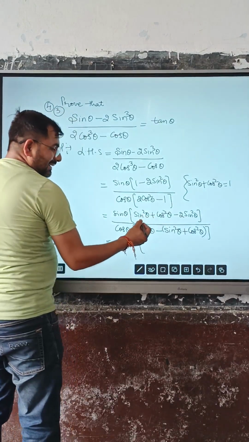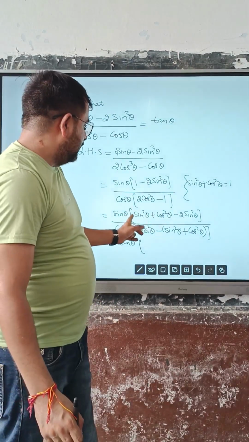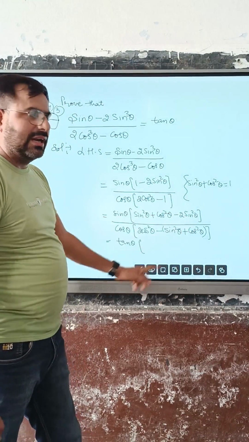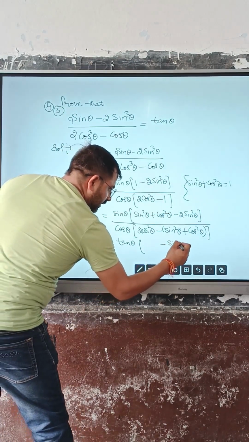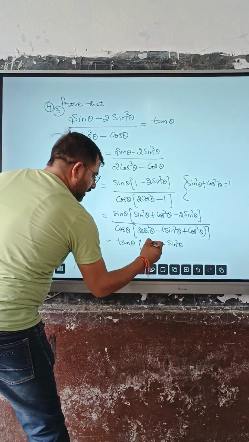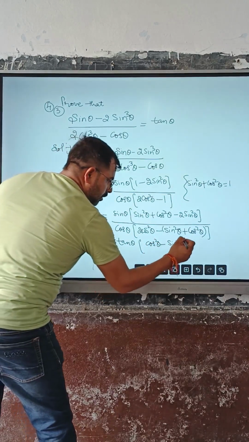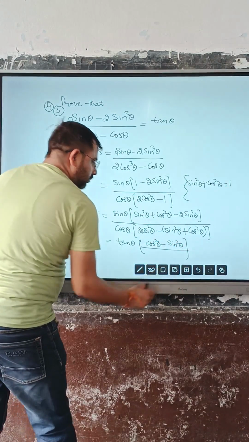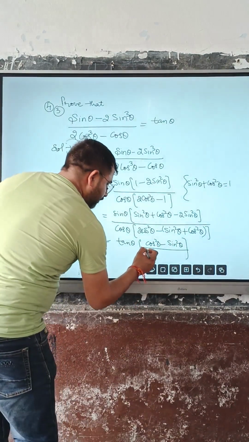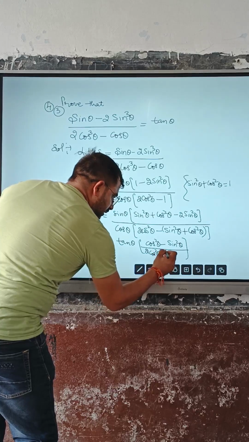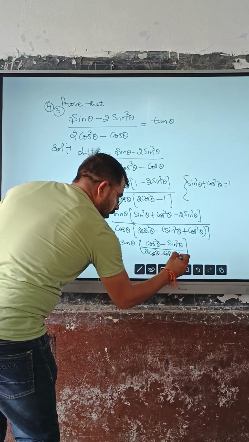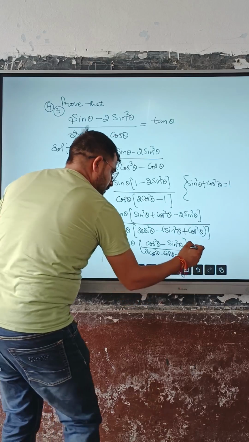So sin square theta minus 2 sin square theta, that is minus sin square theta, and cos square is positive, so we can write it as cos square minus sin square. So the same will be done, 2 cos square minus sin square minus cos square.